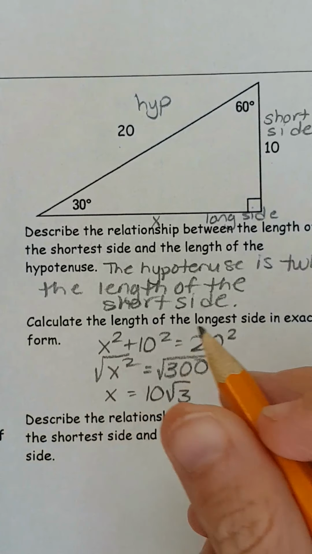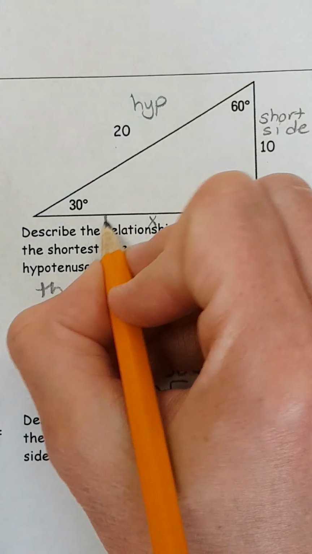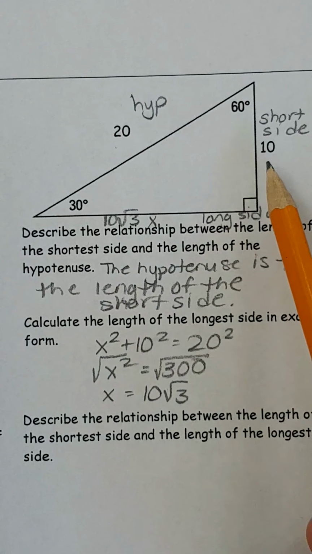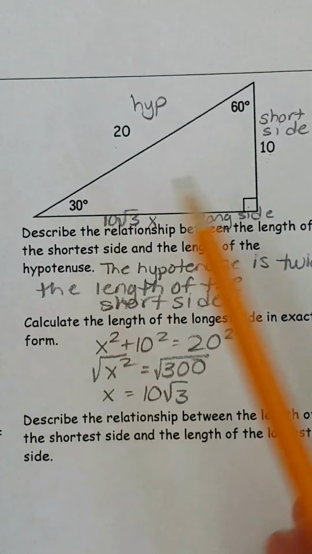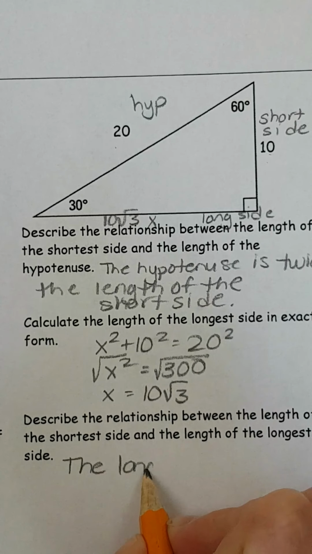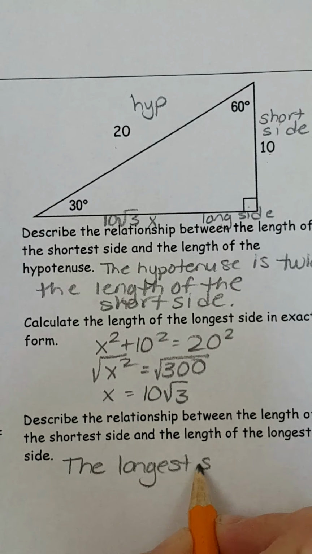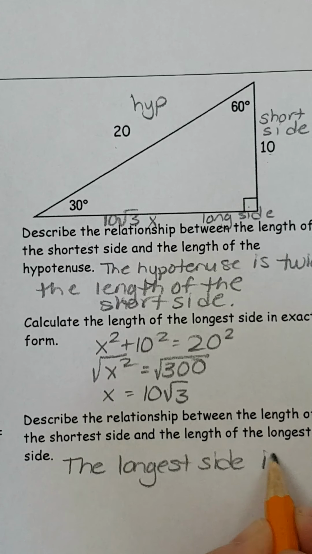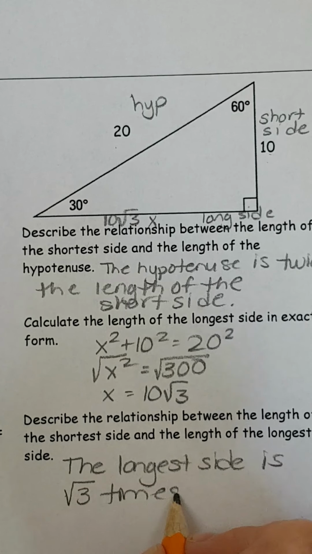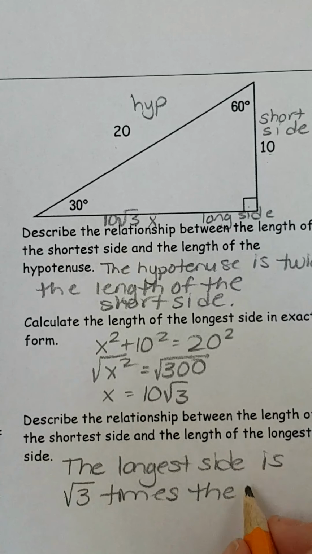So 10 root 3. This one might be a little bit tricky, but I'm just going to see. So the relationship between the short side and the long side is root 3 times the length of the shortest side.